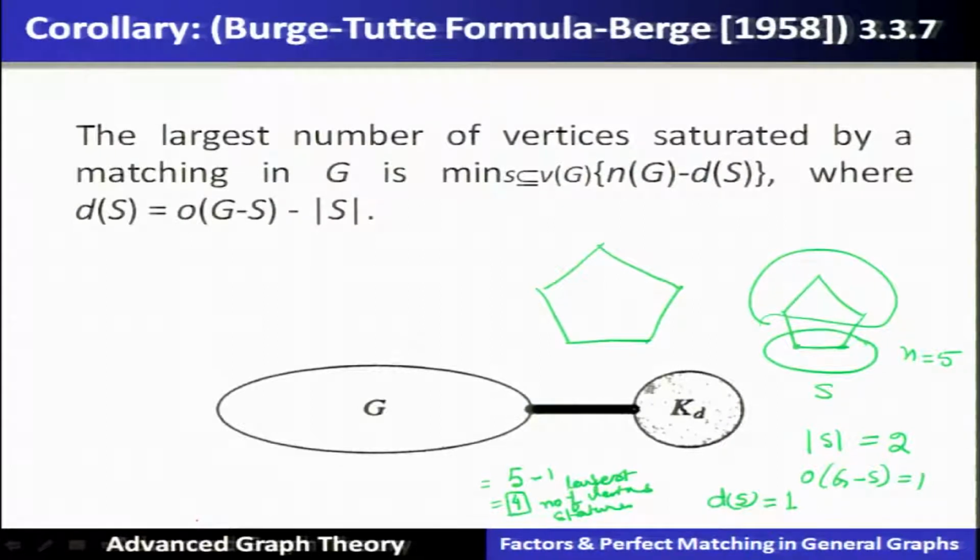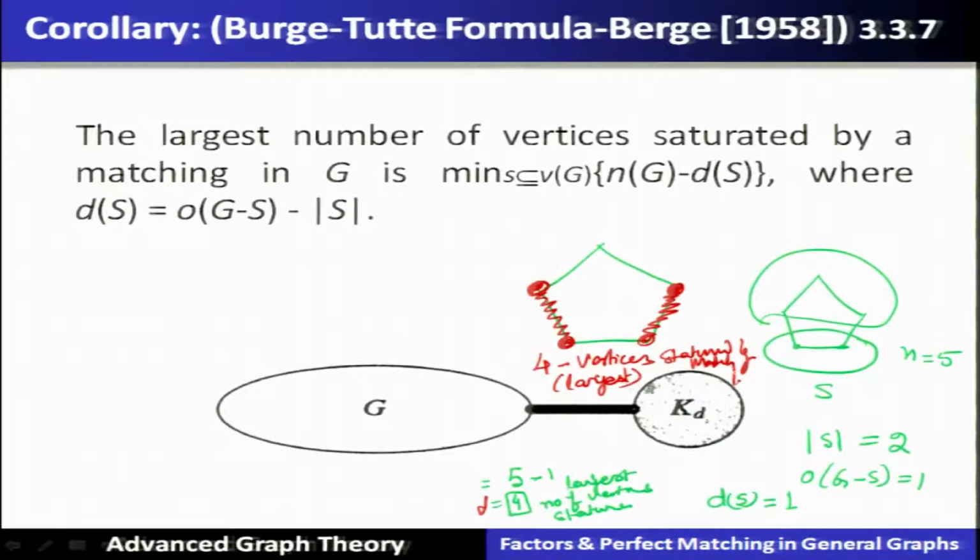Since this particular graph does not have a one factor, we have to find the matching which will saturate the largest number of vertices. These are vertices 1, 2, 3 and 4, and using this particular formula we have computed that 4 vertices, the largest value, are being saturated by the matching.